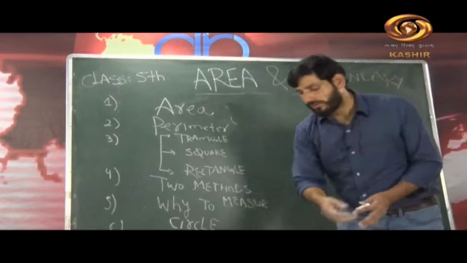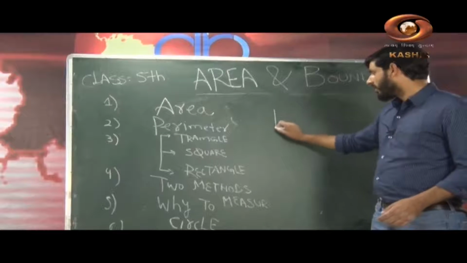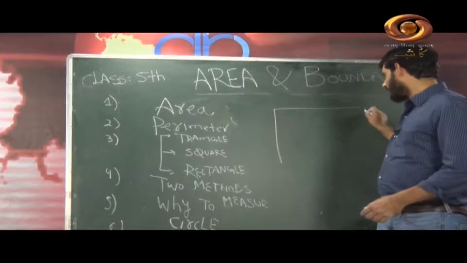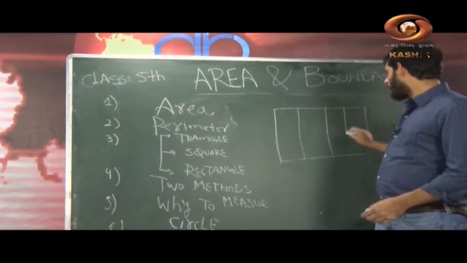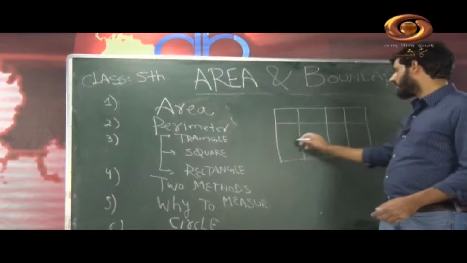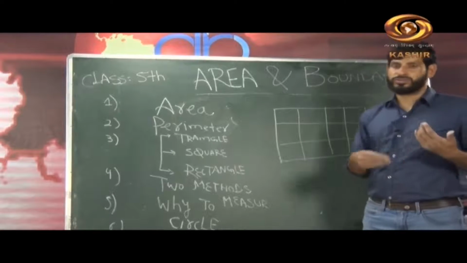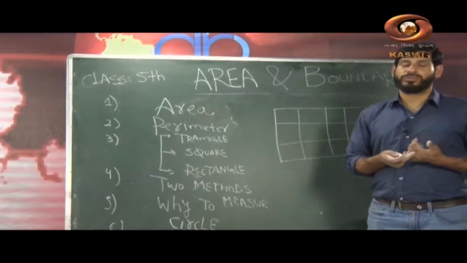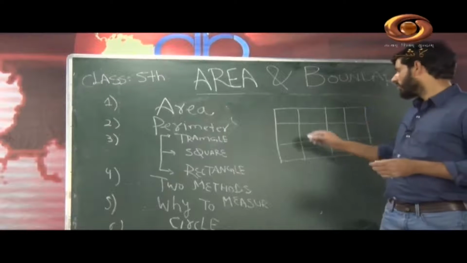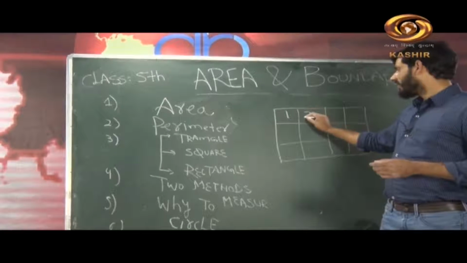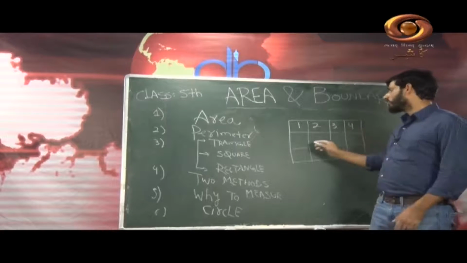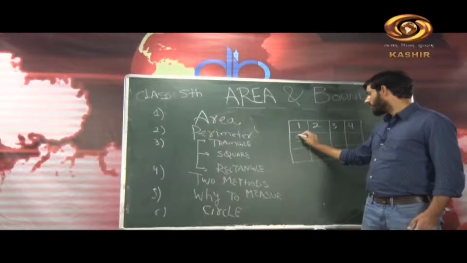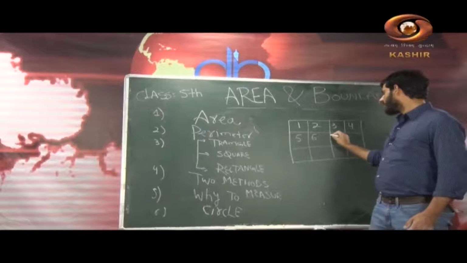Afterwards we will be using the formula. Let this be a rectangle having 4 rows and 3 columns. Now, this does not remain a square because we have an unequal number of rows and columns. I hope you understood it. So, this rectangle contains rows and each row contains 3 objects.